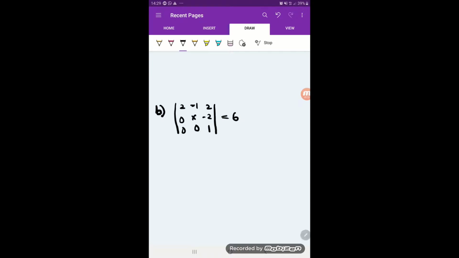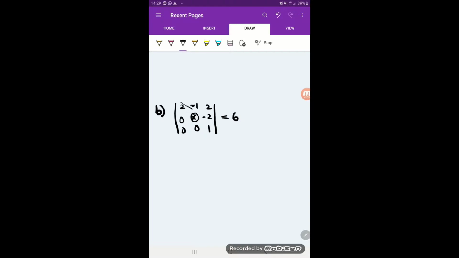This is the determinant equation. You want to find the value of x. This is the determinant of an upper triangular matrix. So how to find the determinant of an upper triangular matrix? First, determine the leading diagonal.